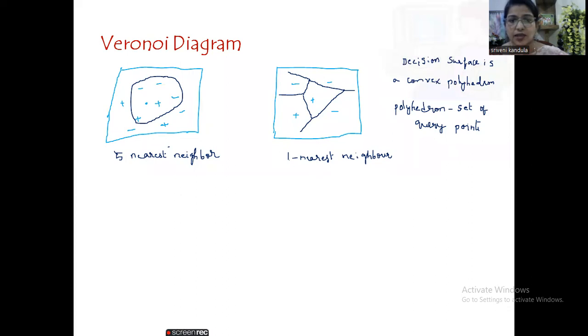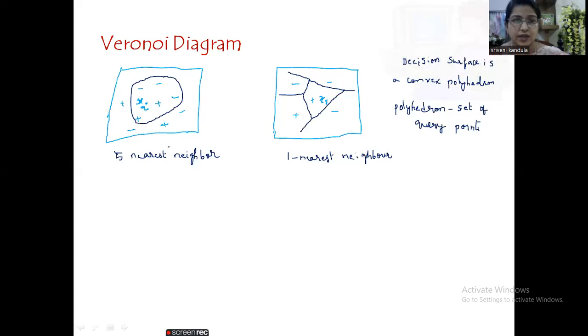This I am calling one nearest neighbor. Suppose I have my XQ here; based on one nearest neighbor, it is classified as positive.